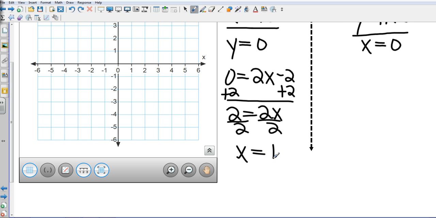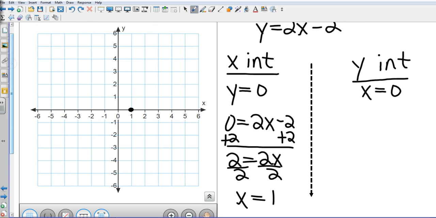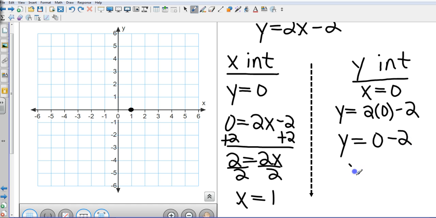So where x equals 1, which is right here, that's my intercept. So now I'm going to do the same thing, but I'm going to let x equal 0. So that's going to be y equals 2 times 0 minus 2. So y equals 0 minus 2. So my y-intercept is at negative 2.